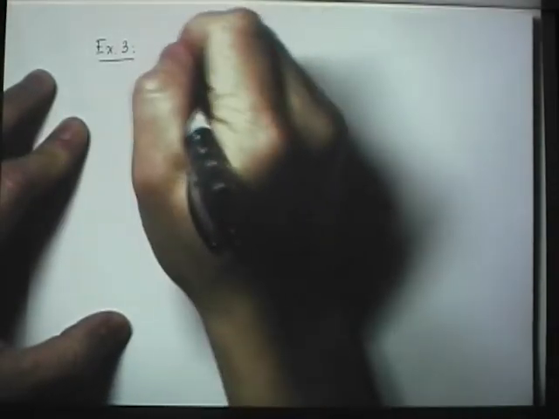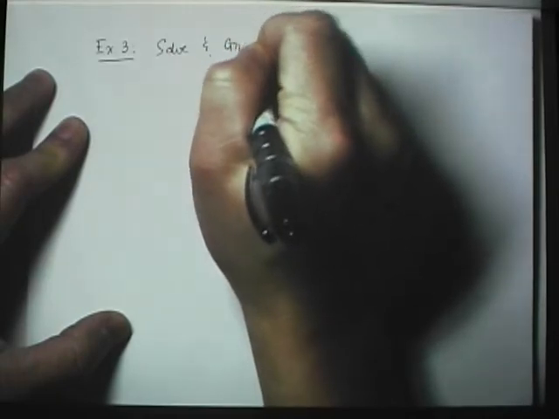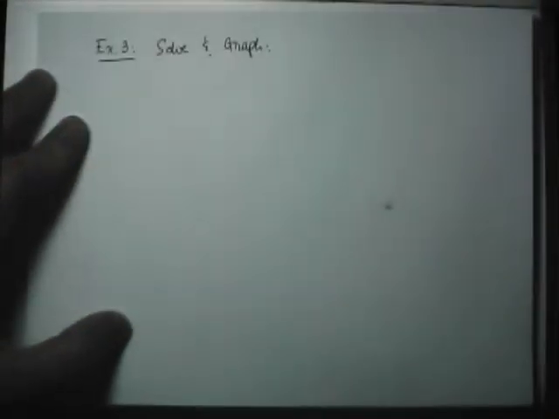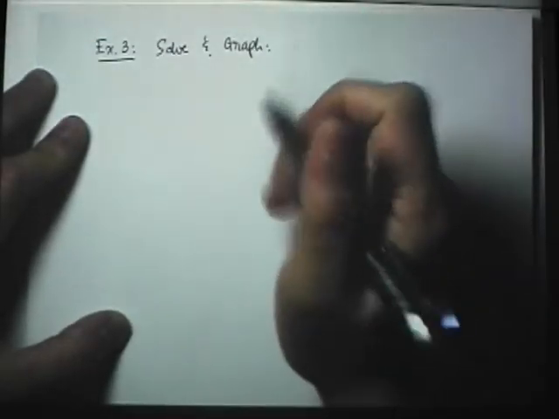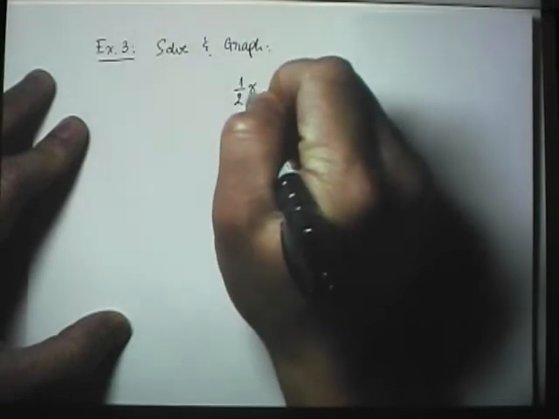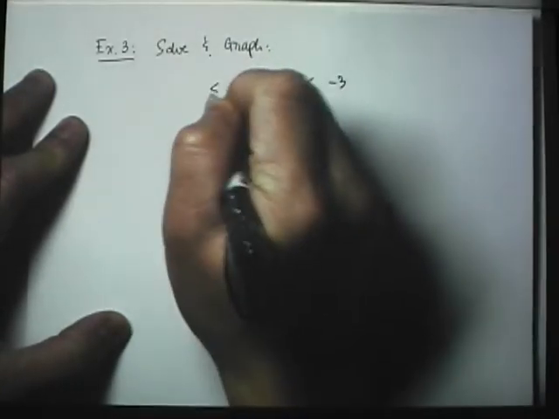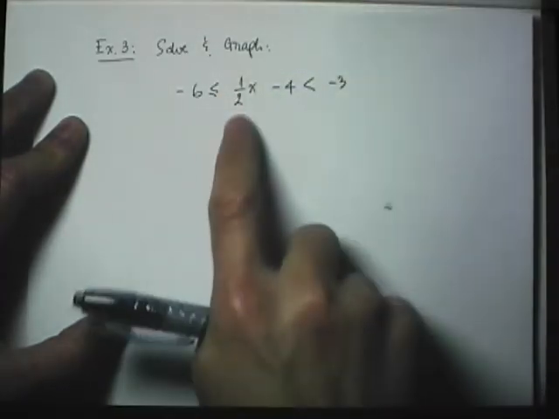Example number 3, once again showing you how to get around with compound inequalities. We once again have to solve and graph the solutions. The purpose of these exercises is to get you really comfortable with solving compound inequalities. So I have negative 6 less than or equal to 1/2 x minus 4, less than negative 3.